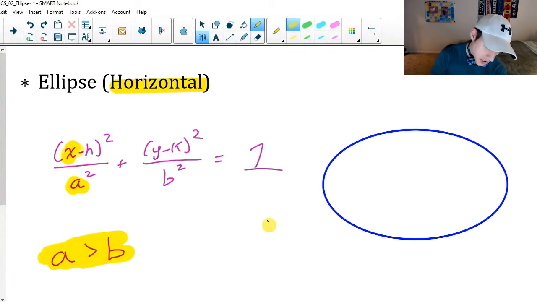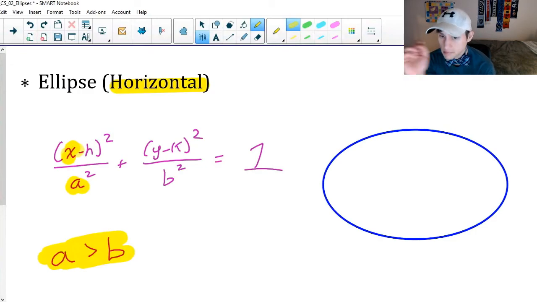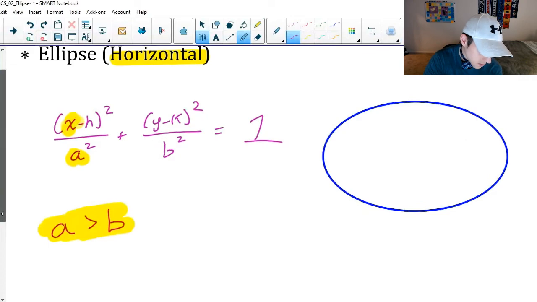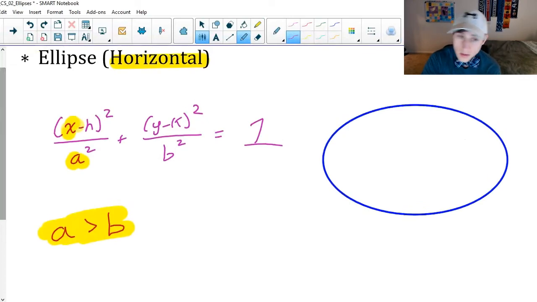On the right side of this equation, it has to be 1. Okay, for circles, we're used to using that right side to figure out the radius, but ellipses don't have a radius, so it's 1. So horizontal ellipse.